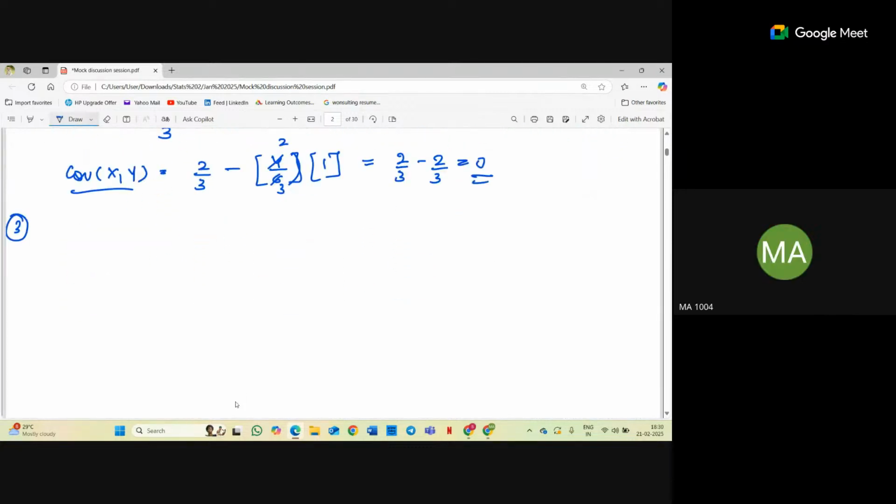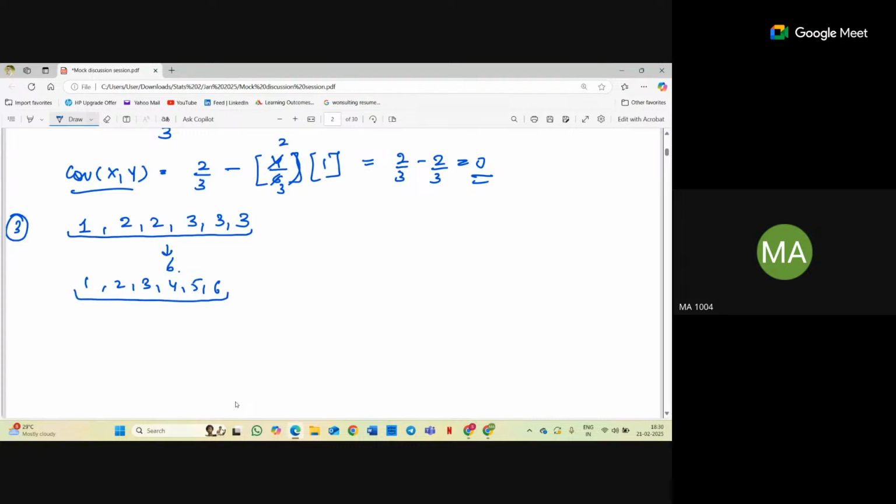So on the first face we have 1, on 2 faces we have 2, on 3 faces we have 3. So in total we have 6 faces, as with a normal dice, 1, 2, 3, 4, 5, 6.